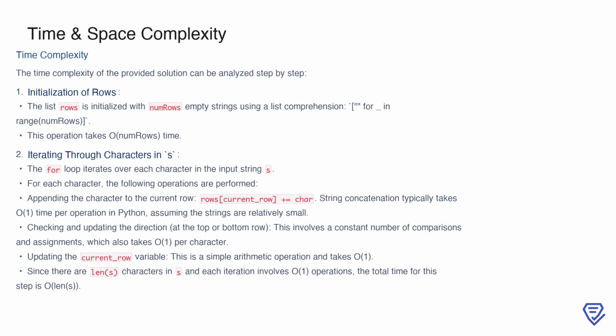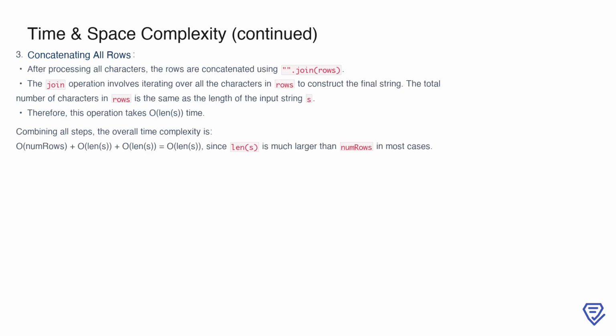Since these operations are performed for each of the len(S) characters in S, the total time complexity for this step is O(len(S)). After processing all the characters, we concatenate the rows to form the final zigzag string. This concatenation is achieved using the join method, which iterates over all the characters in the rows list.